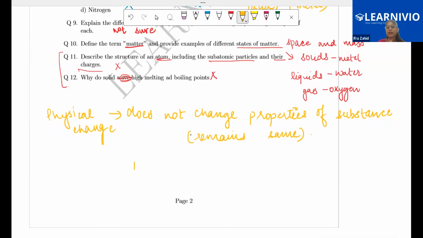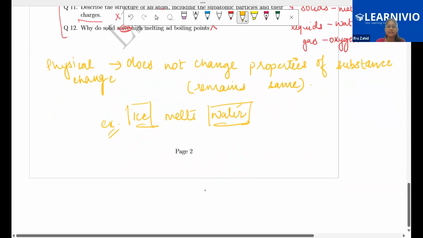For example, when ice melts, it forms water. So properties are same only, right? It's just that the state is changed. Correct? Yes, ma'am. The identity is not changed. Only the state is changed.